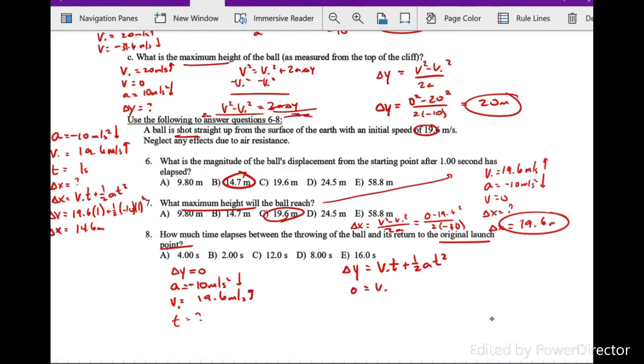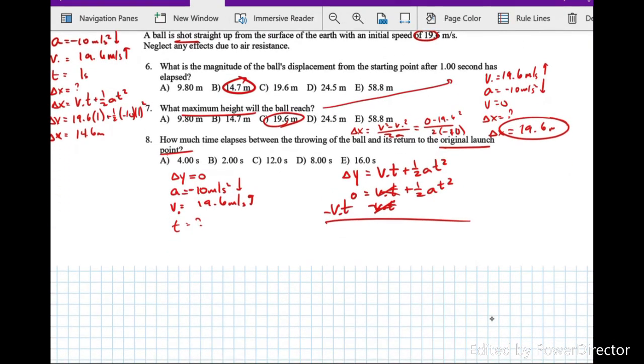Plug in that 0 because it's really helpful to do. It means I can bring over v initial times time, just subtract that over on both sides. It goes away on the right hand side. It tells me that negative v initial times time is equal to 1/2 a t squared. One of my times crosses out.